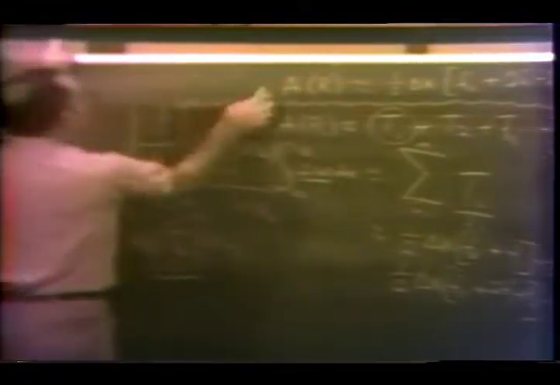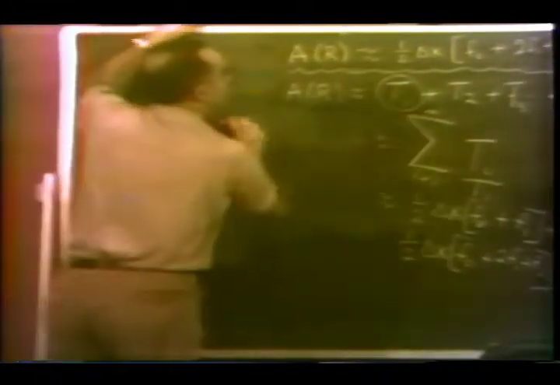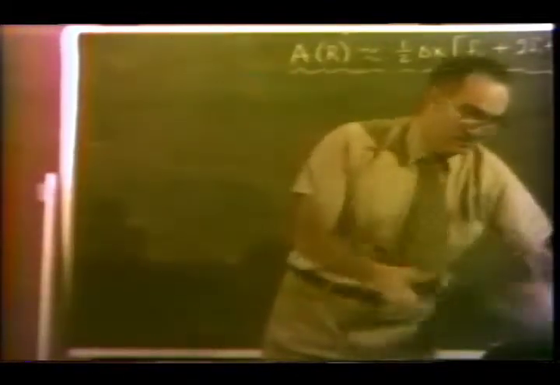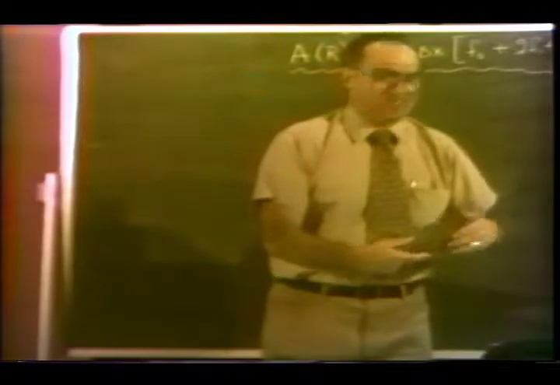And now let's look at an example here and get all this chicken scratching off here. Let's take a function, first of all, that we can check our answer on, and also something that Mr. Weissert can do our calculation on today.